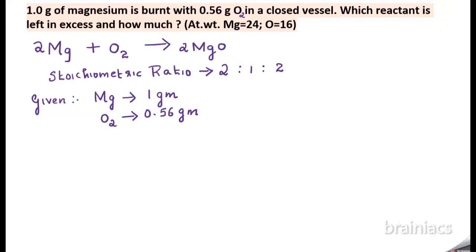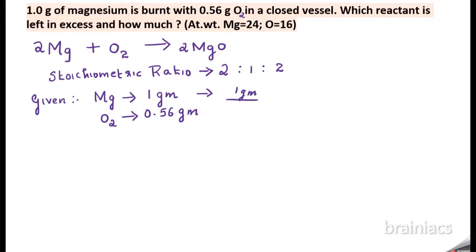Whether mass is given or anything, we usually convert this into number of moles. So how can you convert 1 gram to number of moles here? You need to do the given mass divided by, if it is an atom we say atomic mass, if it is a molecule we say molecular mass. So here 1 gram divided by the atomic mass.